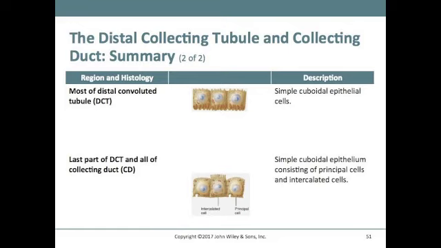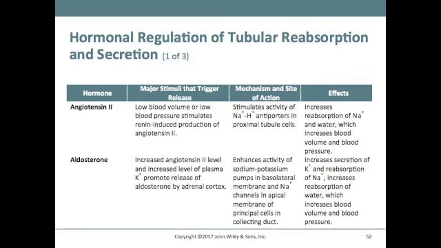And then this table is on page 1067, table 26.4. And this is a summary of hormonal regulation of tubular reabsorption and tubular secretion. So again, with all these tables, I leave this up to you to review on your own time.